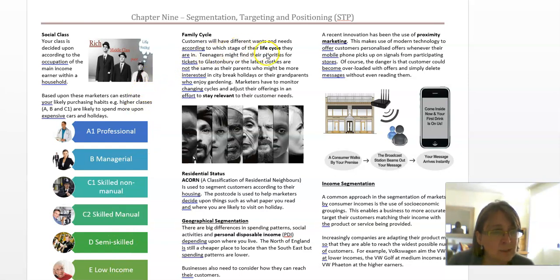You may be at a different position in your family. Then there are things like residential status.